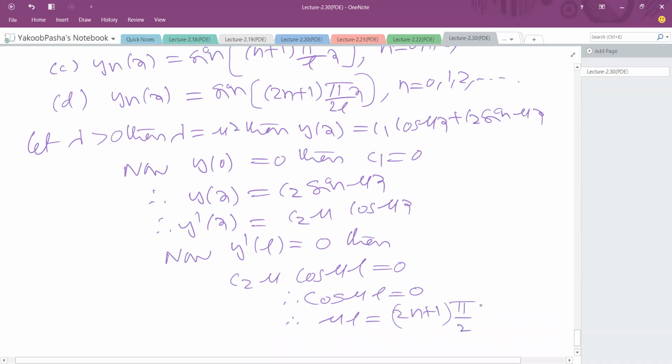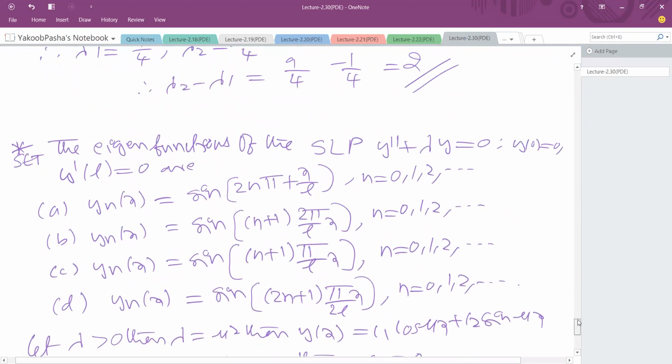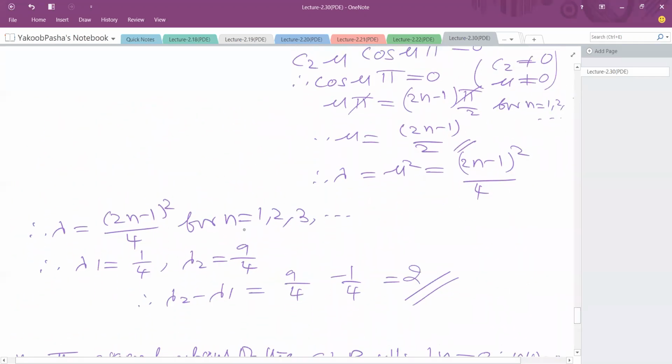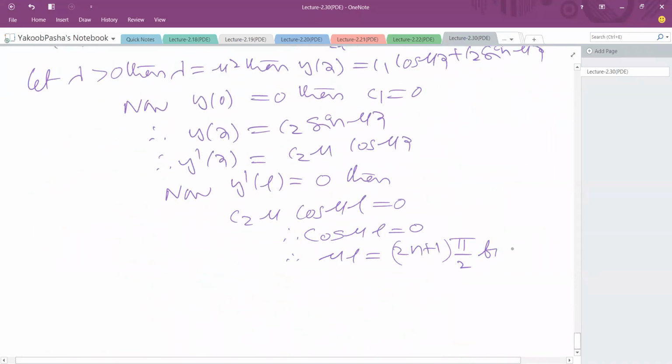Why? In the previous problem we took 2n minus 1, and the index started from 1. If we take 2n plus 1, the index starts from 0. So for n equal to 0, 1, 2, etc., mu is equal to 2n plus 1 pi by 2L. This is the mu value.